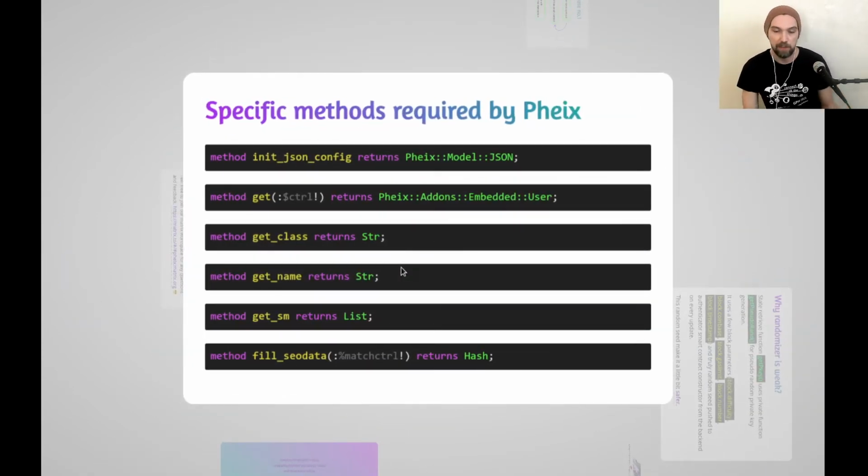Also, we have specific methods required by Pheix. Four are not very important. For example, getClass, getName, getSM, and getSeoData, which is used for search engine optimization. For now, you can just keep them as stubs with no algorithm inside. The init.json config method is really handy. It initializes the modular's own config, so yes, we should use it.